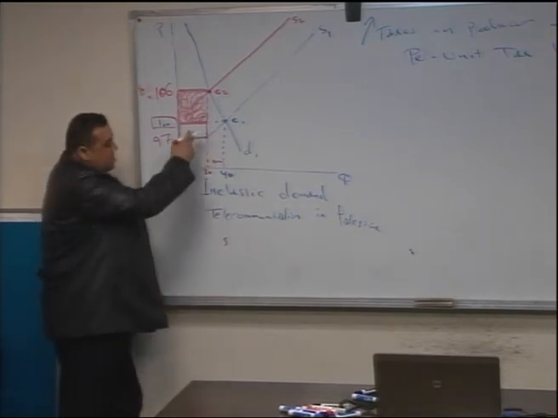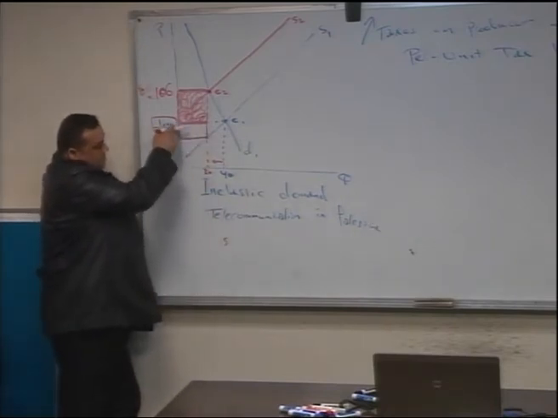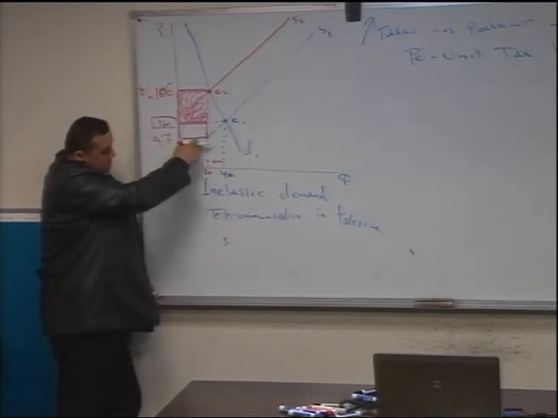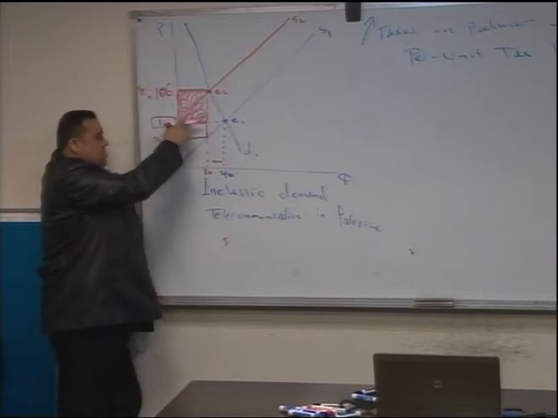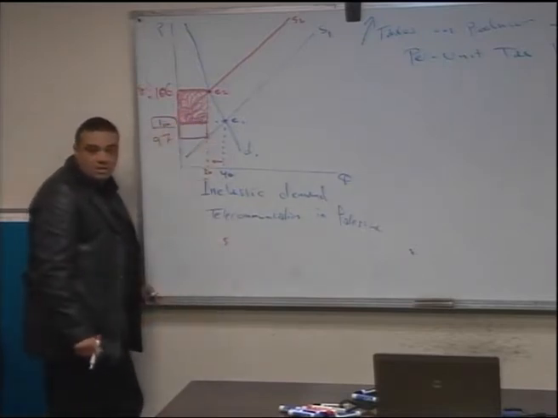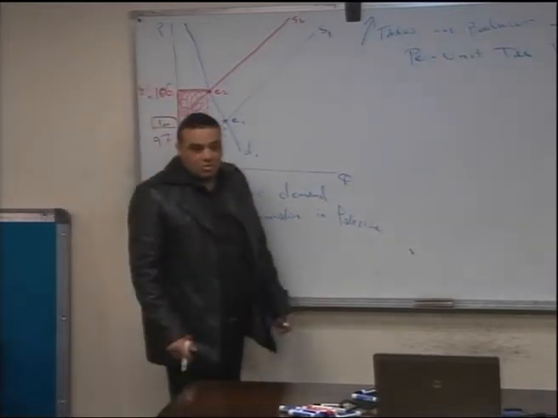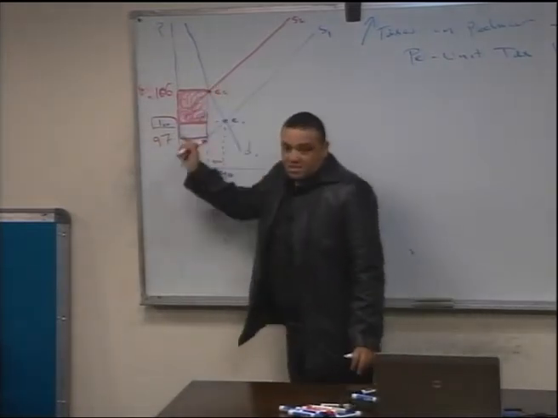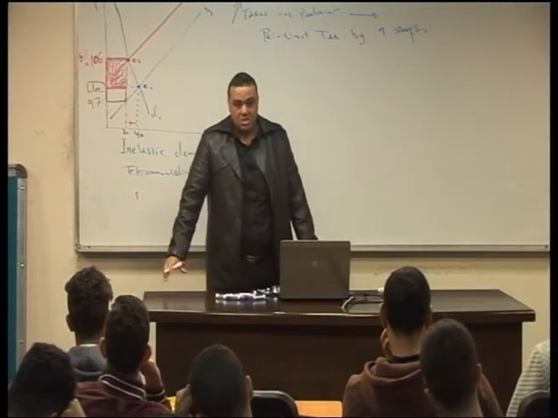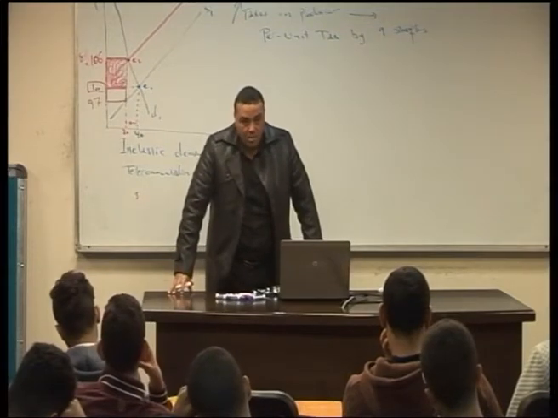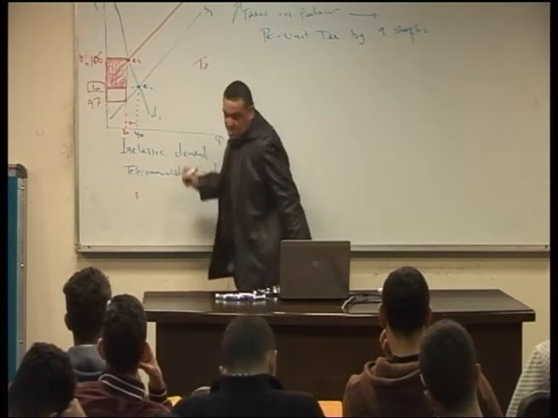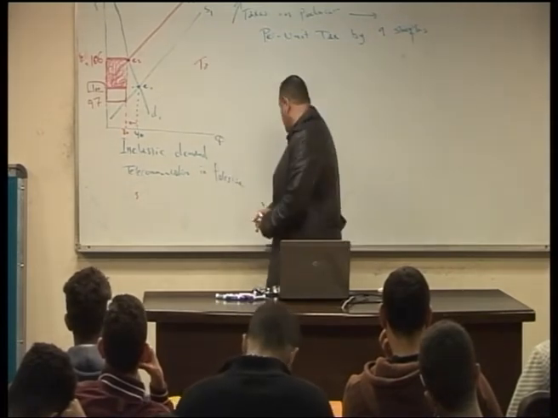What about the producer's share? 100 minus 97 times 30 equals 30 times 3, 90. The total burden, or the total government revenue of tax, equals the summation of the consumer share and the producer share of tax burden.